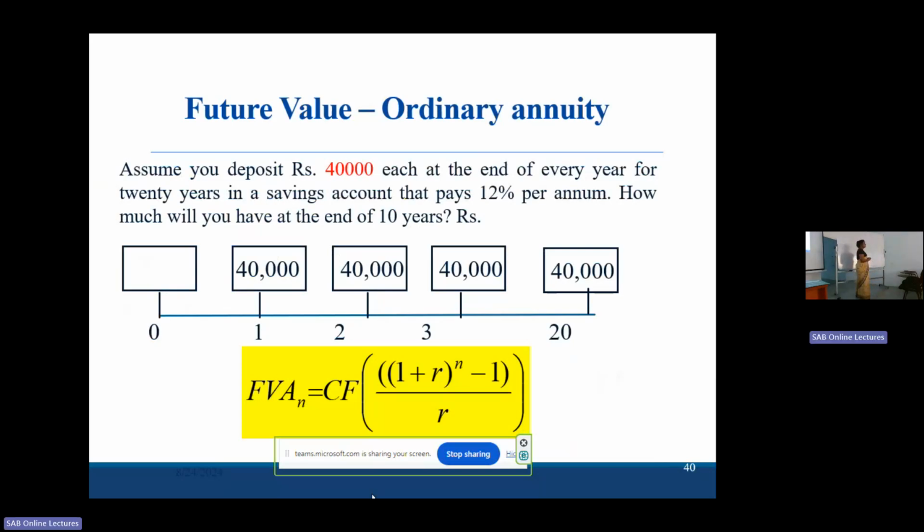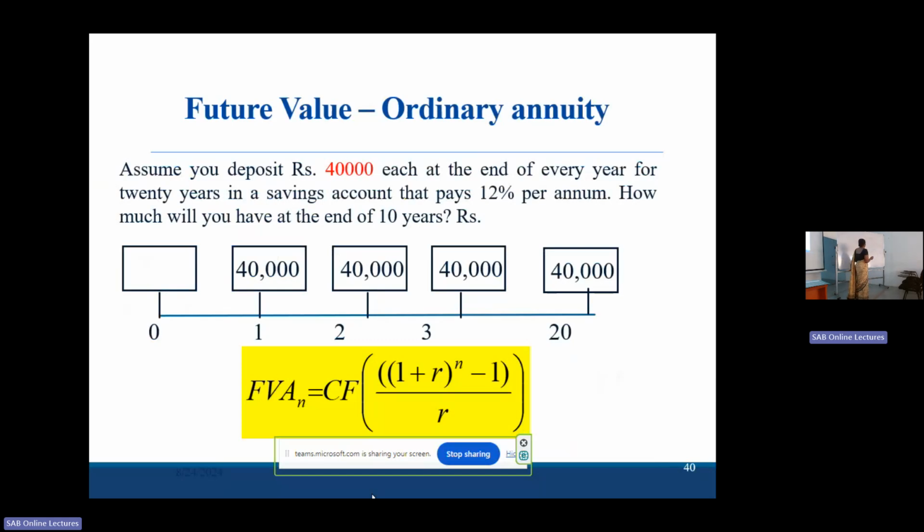What is m? We defined it last week under the single cash flow more frequent compounding. M is the compounding frequency per year.